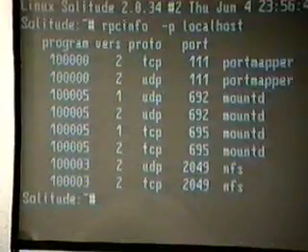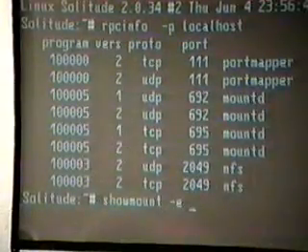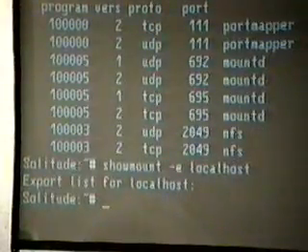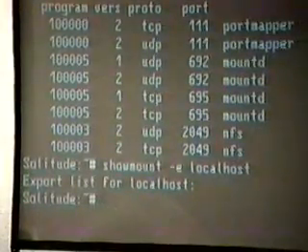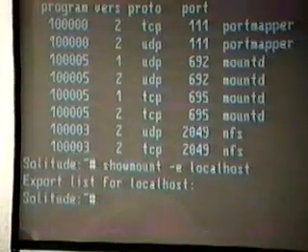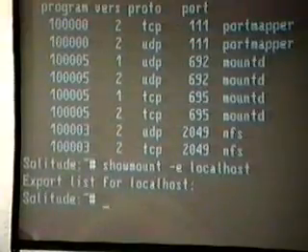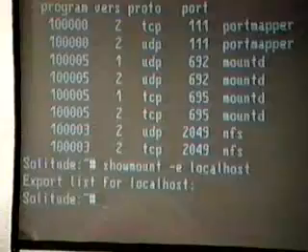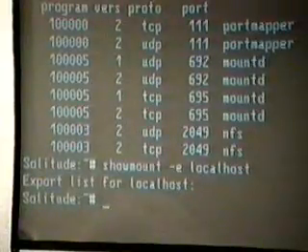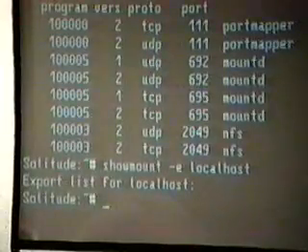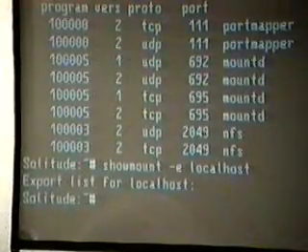The other is showmount. This shows a list of exported file directories and who can mount them. If we did have an export list, it would be shown with the directories and who's allowed to mount them.